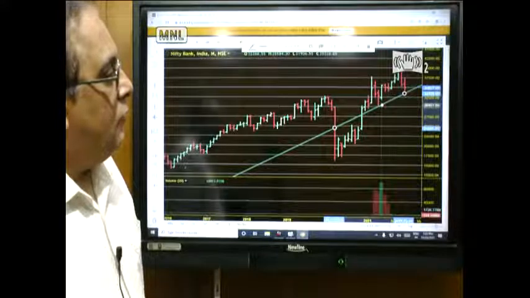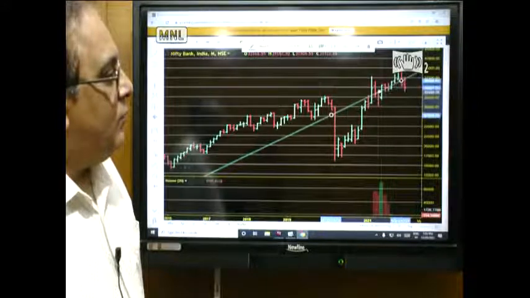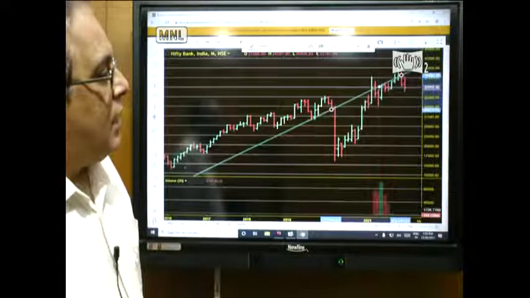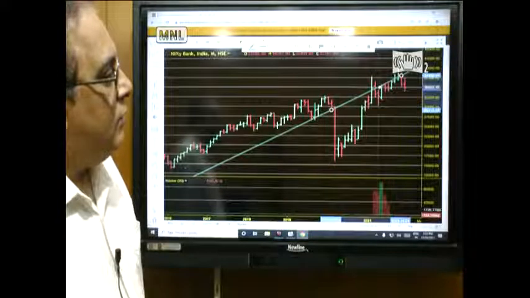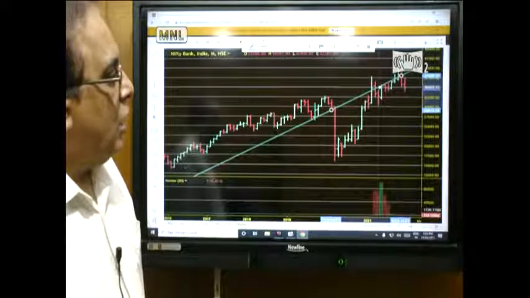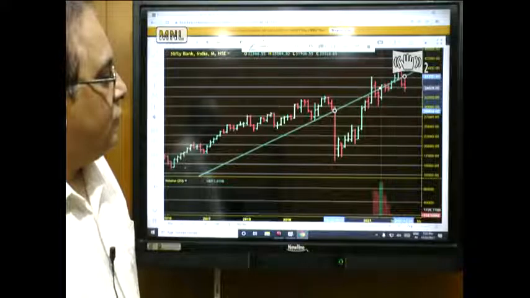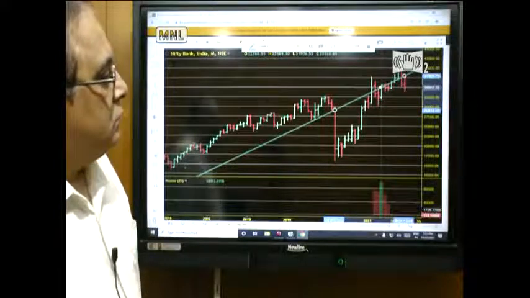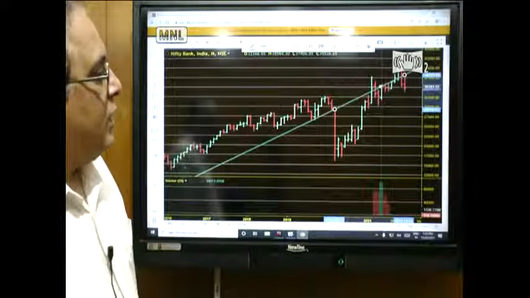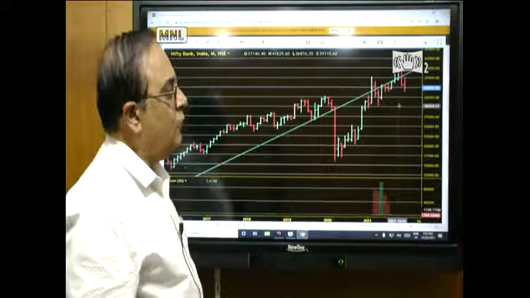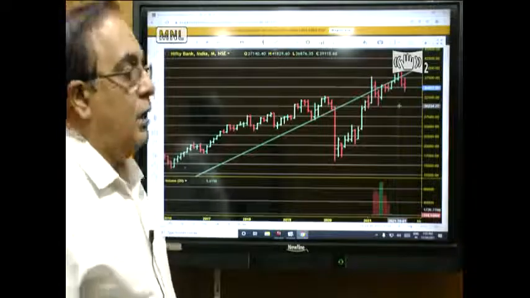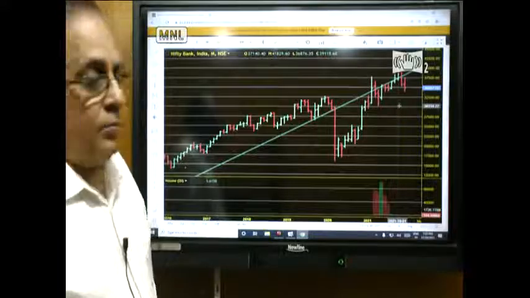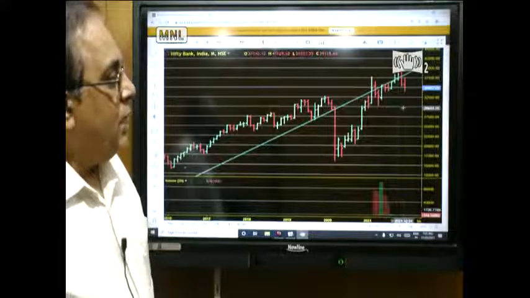Now if it is going to have some resistance, if we have to put a trend line and anchor it here, let's say we are anchoring it here. So this area, whenever there is going to be a support, this one resistance, it will come here.